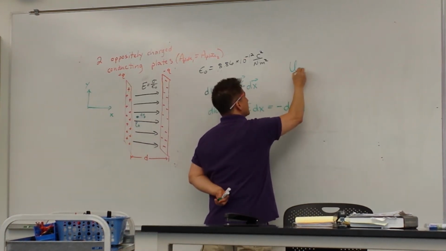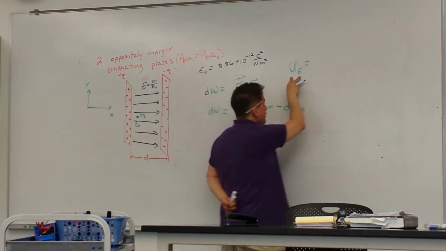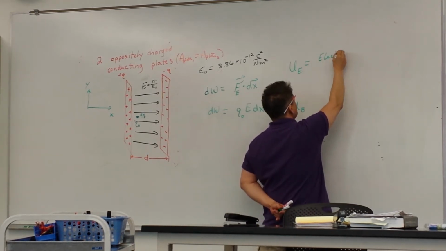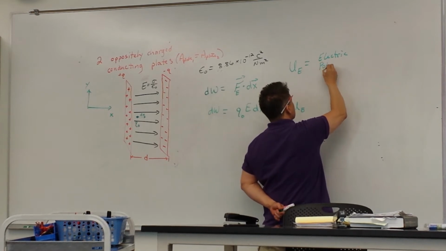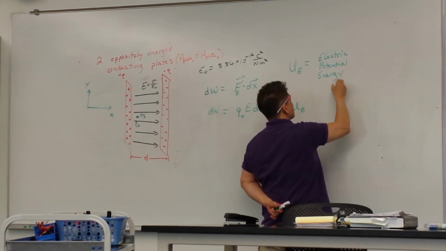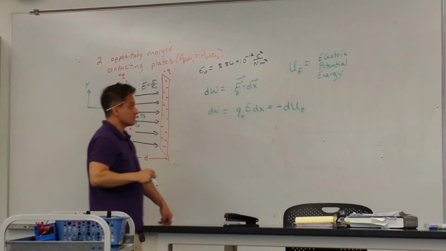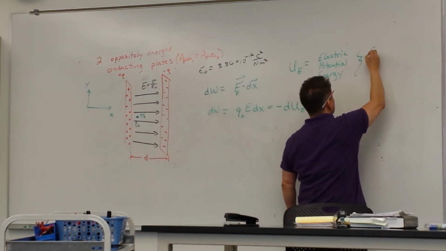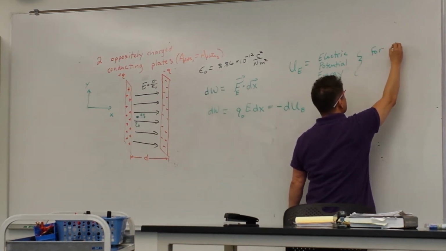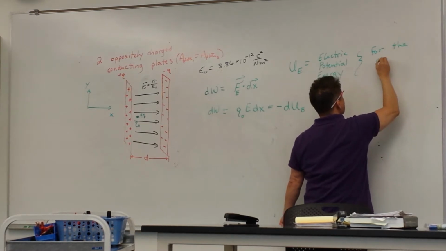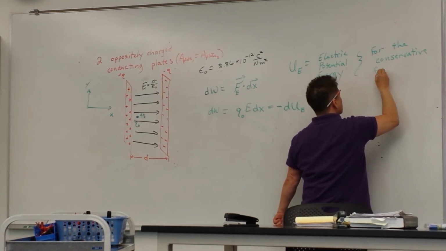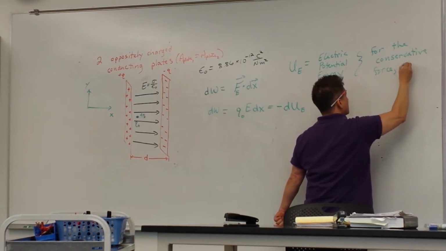So now I'm introducing a new term, U sub E, which is the electric potential energy for the conservative force Fe.